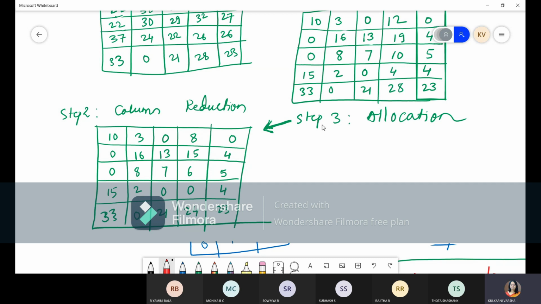So what we have to do in the allocation, we have to scan each row. Row wise scanning we have to do, and we have to see that in that row, if there is a single 0, there is only one 0, allocate that 0. If there is no 0, go to the next row. If there are more than one 0, go to the next row.